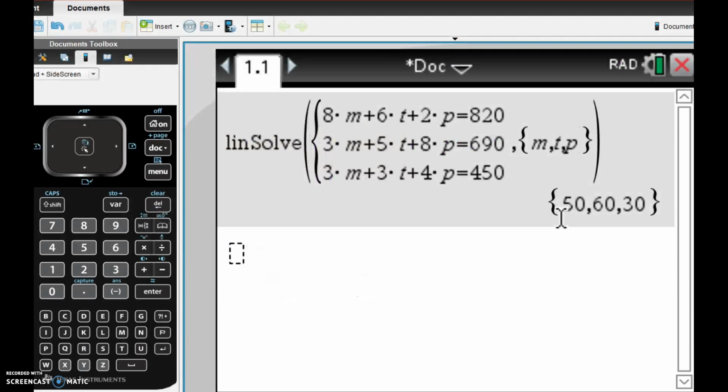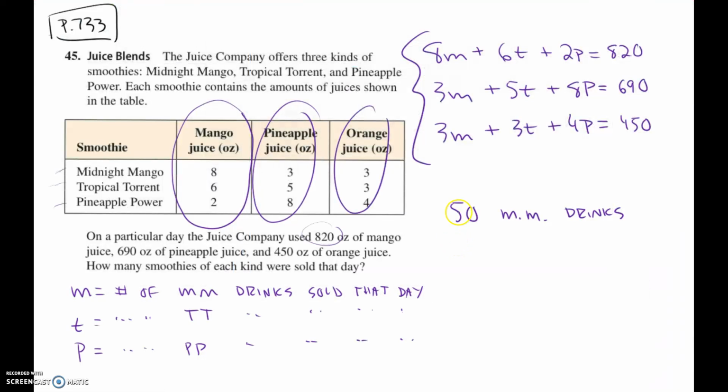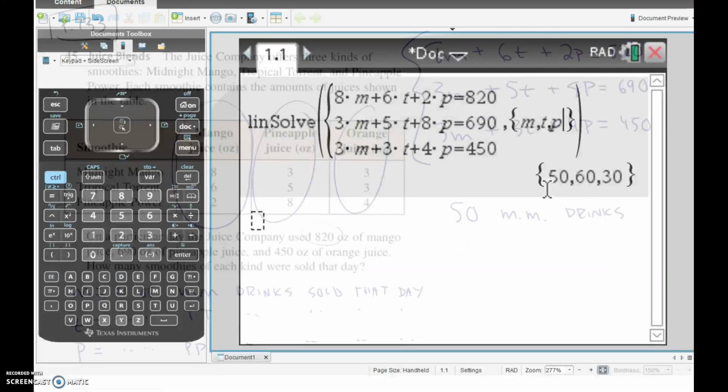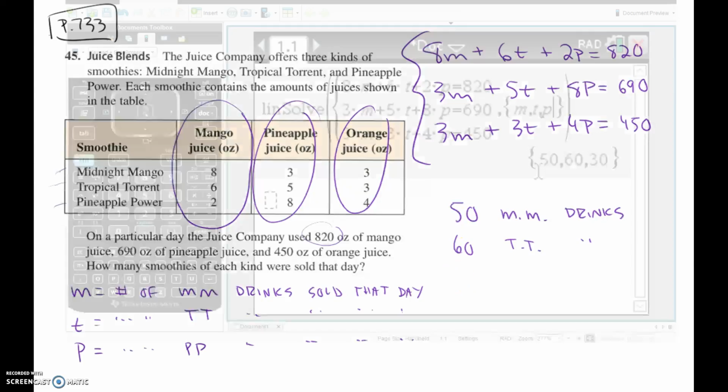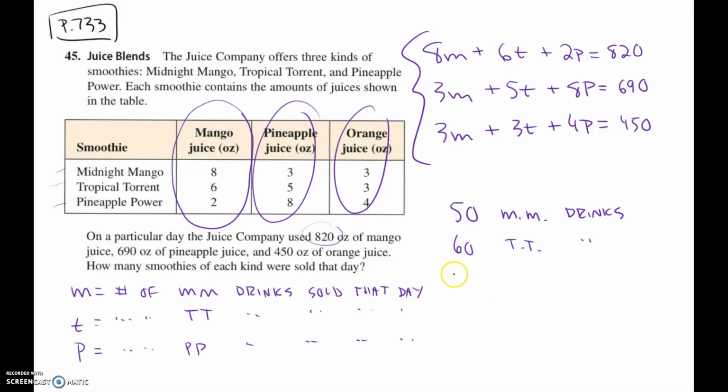And then 60 tropical and 30 pineapple. 60 TT drinks and 30 Pineapple Power drinks. Okay.